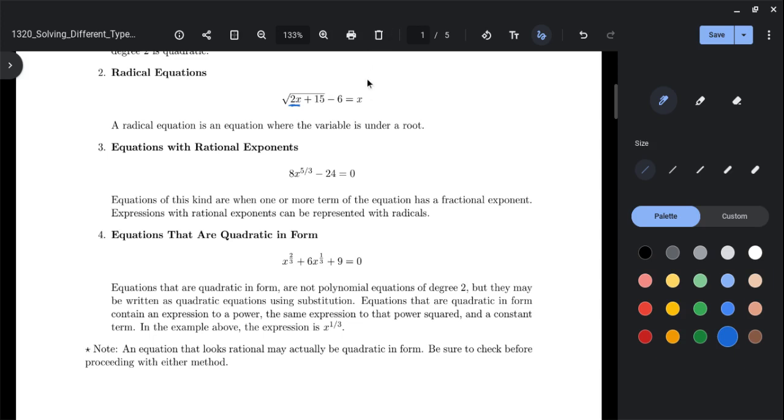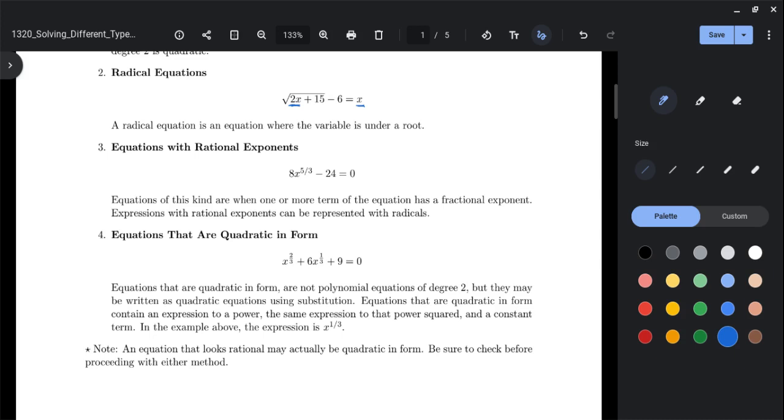Now you'll notice that we also have an x that is not under our square root. That does not matter. As long as we have one of our variables under the square root, it is a radical equation.